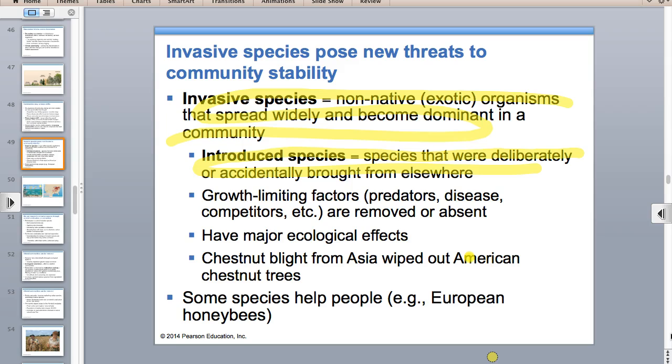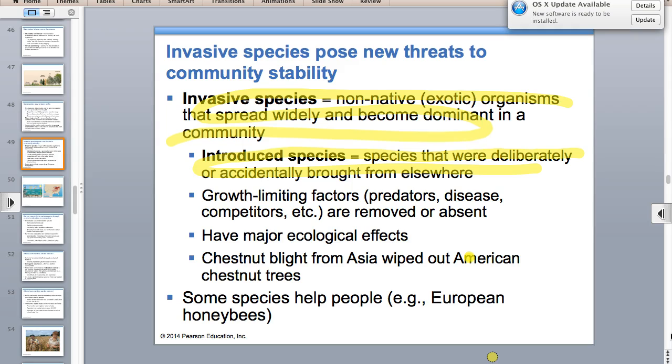My husband is such a nerd, but he was telling me about this chestnut blight, and this was before I taught AP Environmental, but from Europe, I think, there was this disease of chestnut trees, and it came across the Atlantic, and it literally killed every single one of the American chestnut trees. Every single one, killed them all. And that was a really popular wood for furniture. We don't have any now.